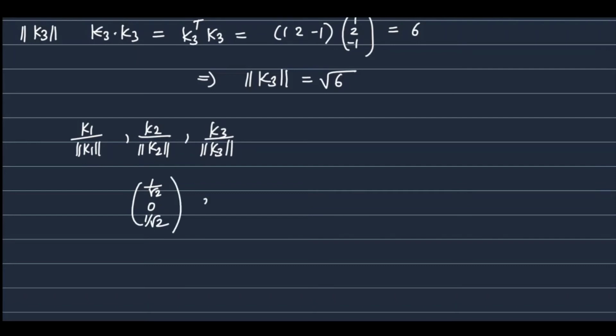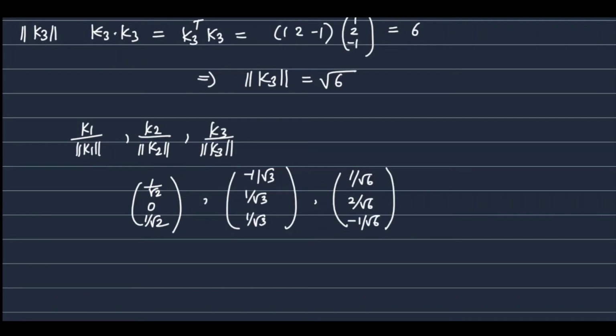Now k2 by norm k2. k2 is minus 1, 1, 1, so we get minus 1 by root 3, 1 by root 3, 1 by root 3. This is k2 by norm k2. And k3 is 1, 2, minus 1, so we get 1 by root 6, 2 by root 6, minus 1 by root 6. So we can write the new matrix with these vectors as the columns.